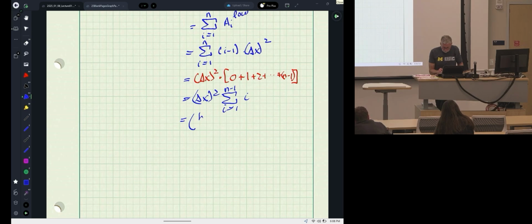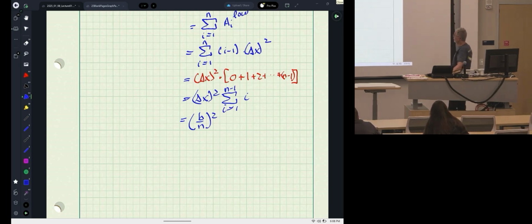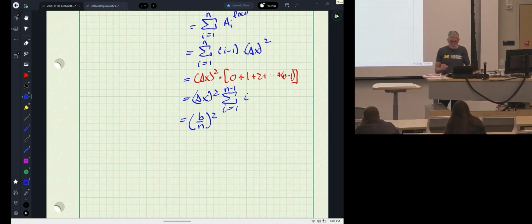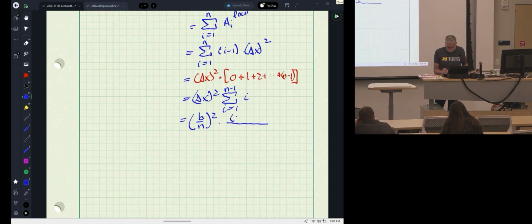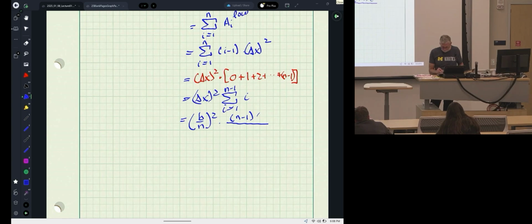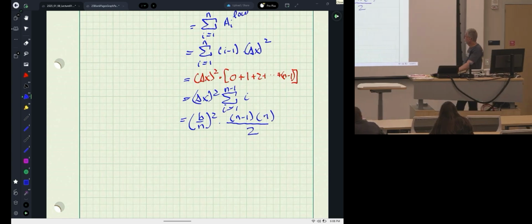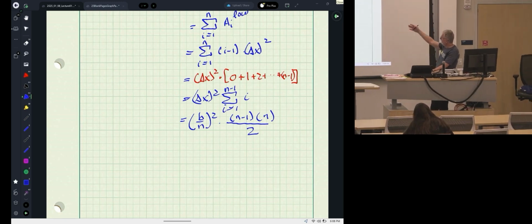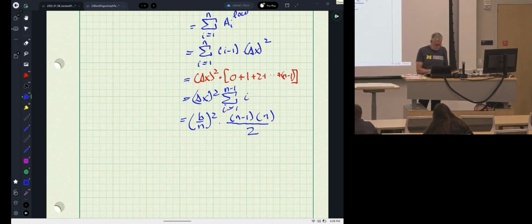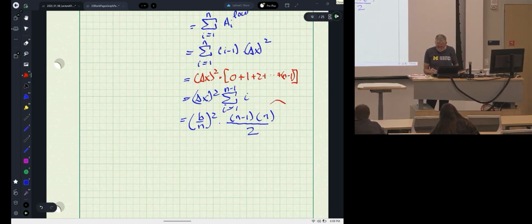So delta x, that was b over n. We've got that squared. And we know the sum of the first n integers, and now n is n minus 1. So I'll just plug in n minus 1 into our formula. Okay, so the only shortcut I took is the n minus 1 plus 1 I just wrote as n. Okay, so that's really n minus 1 plus 1 from our induction formula.